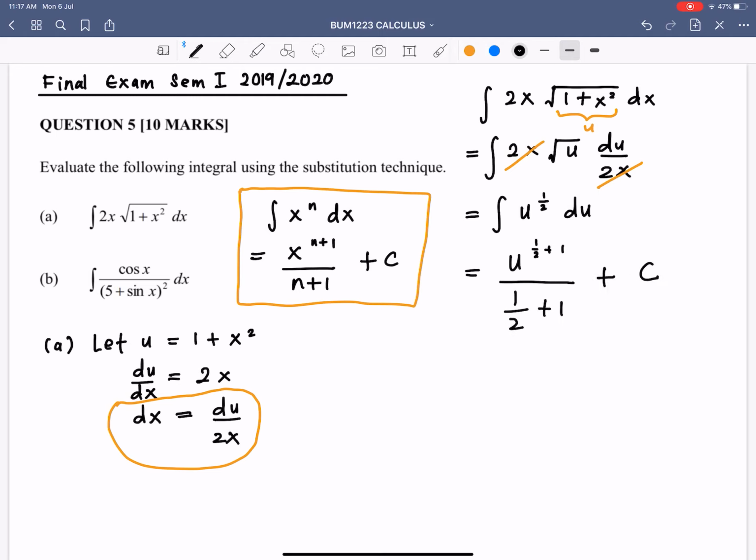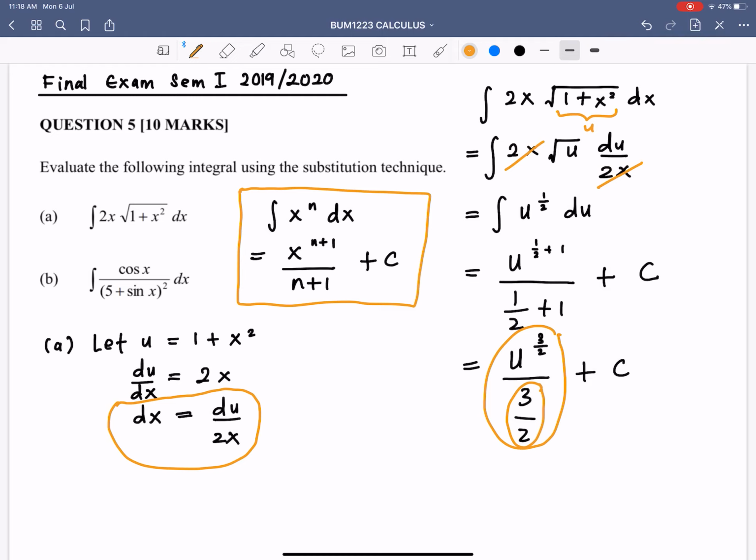Don't forget plus c, where this is equal to u to the power of 3/2 over 3/2, plus c. And remember, in our final answer, we don't want a fraction in a fraction.